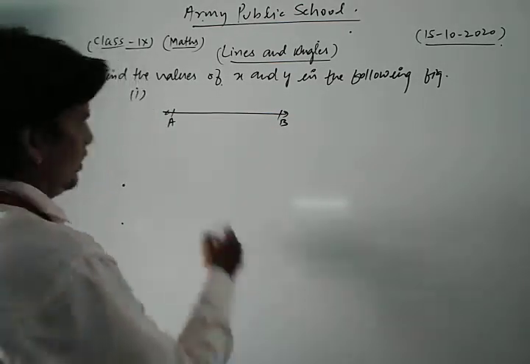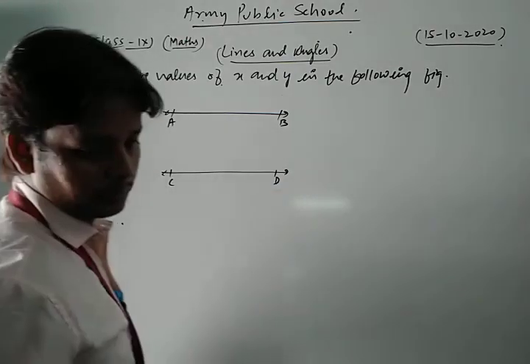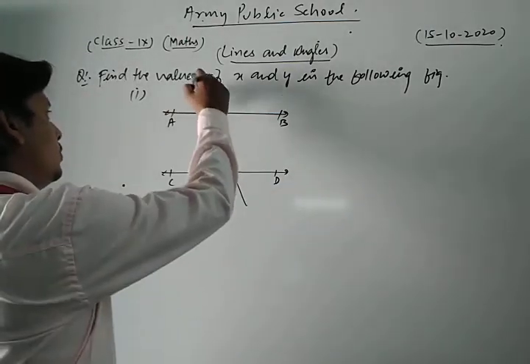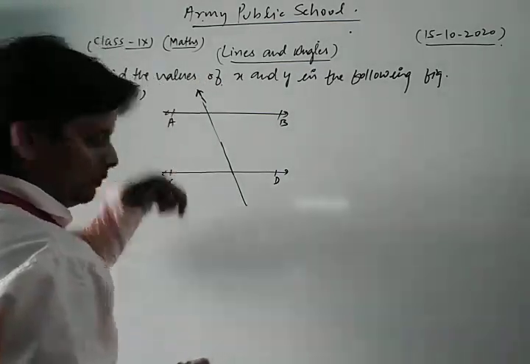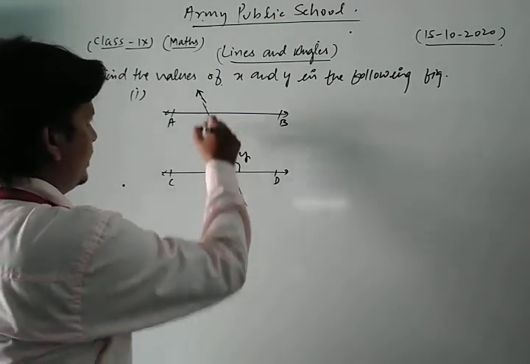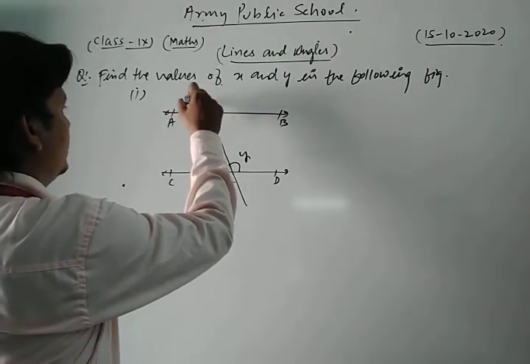AB and CD are two parallel lines cut by the transversal in this way. This is angle y, this is angle 130, this is angle x, this is angle 50.